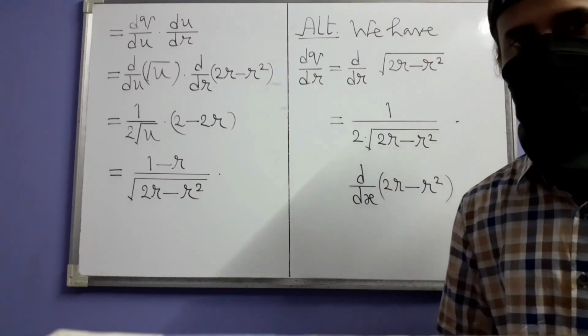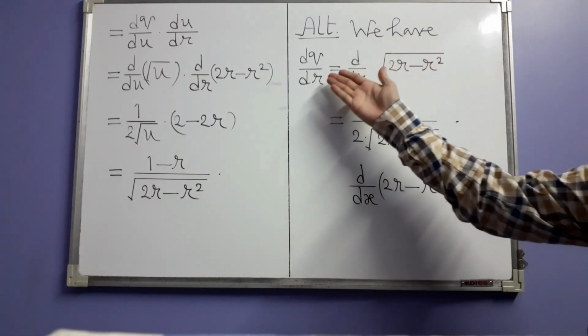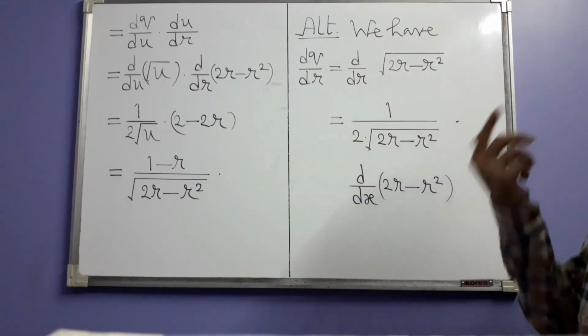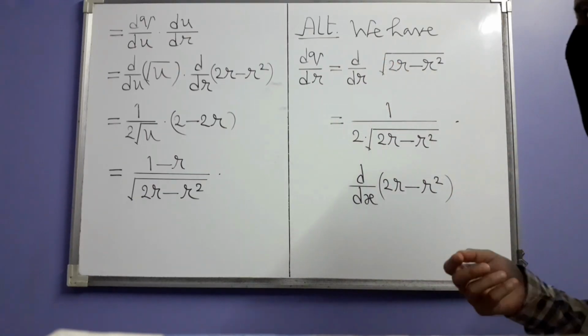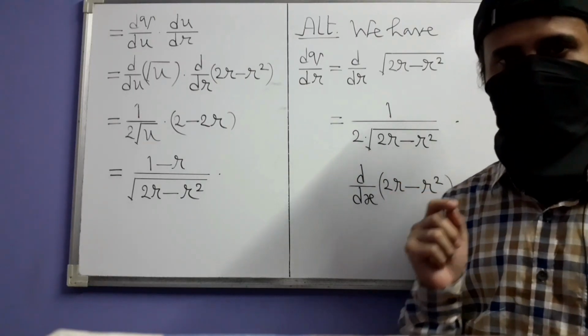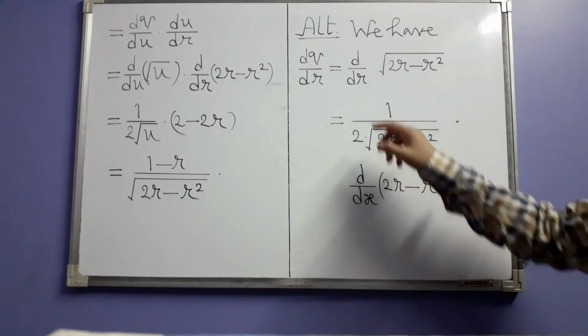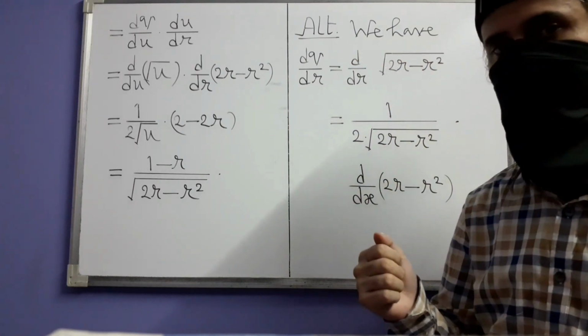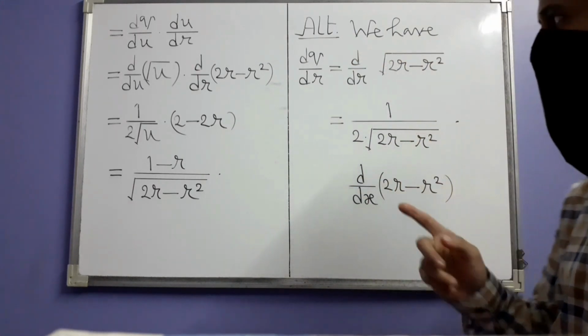So in this alternate solution, we straight away write dq/dr equals d/dr of what q actually is. And now your outside inside rule comes into play. So differentiating this function means you are entering that house. You recall that analogy.